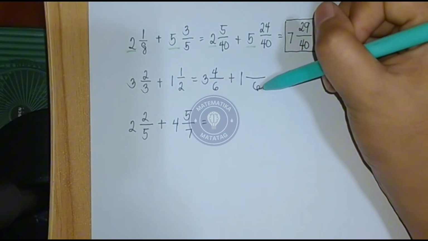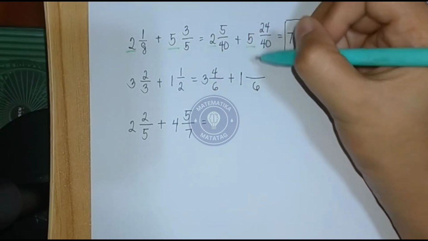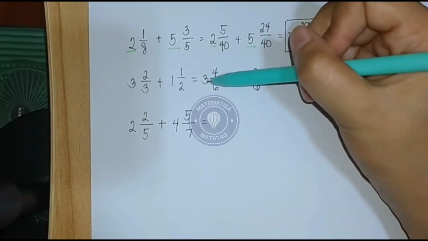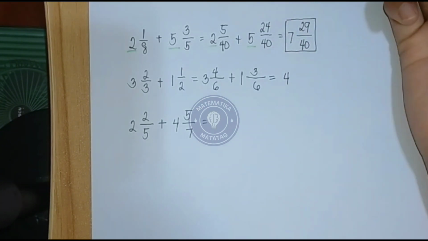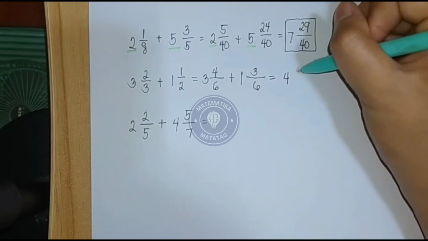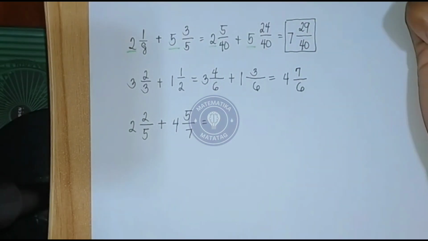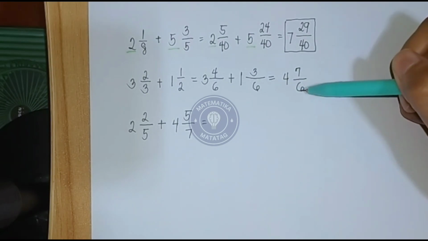Next, 6 divided by 2 equals 3, times 1 is 3. Then let us add: 3 plus 1 equals 4, and 4 plus 3 is 7. Copy the denominator. So here we have 4 and 7 over 6.